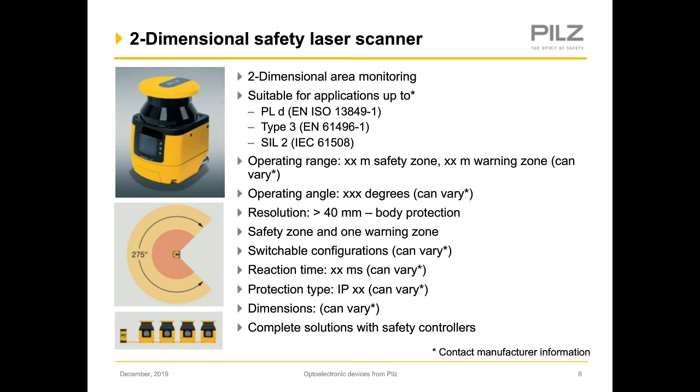Also, it can vary the operating angle, the switchable safety configurations, reaction time. The protection type IP can also vary in the dimension depending on the manufacturer, but the resolution is larger than 40 millimeters, so it's for body protection, and it can provide a complete solution with the available safety controllers.